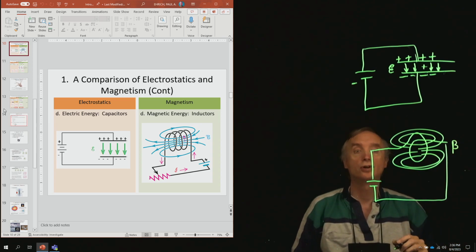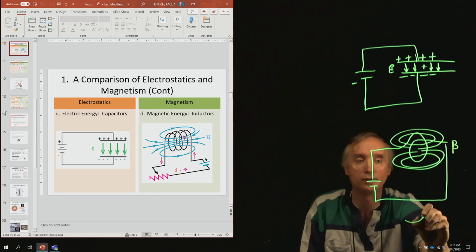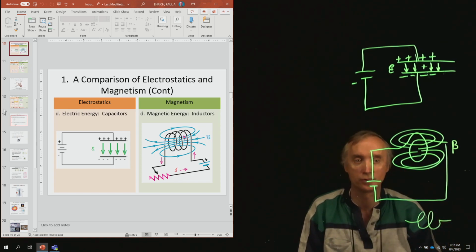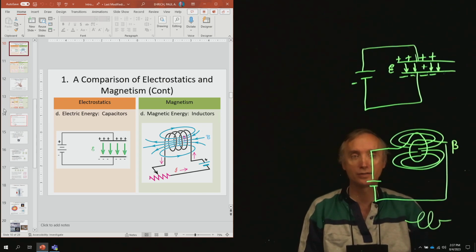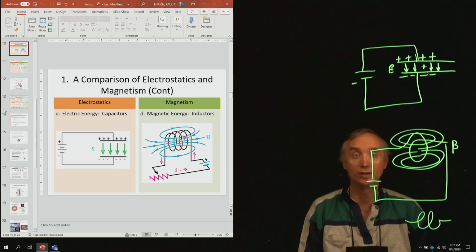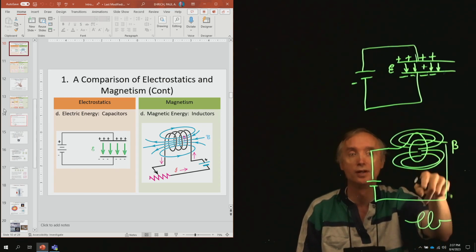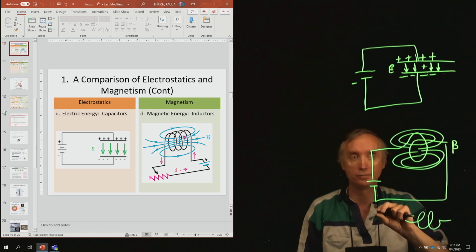Now, instead of having one loop, what do you think would happen if you had two loops? What would that do to the amount of magnetism inside of the loops? It would increase it, because each of the loops would have its own magnetism, and then the magnetism would combine.